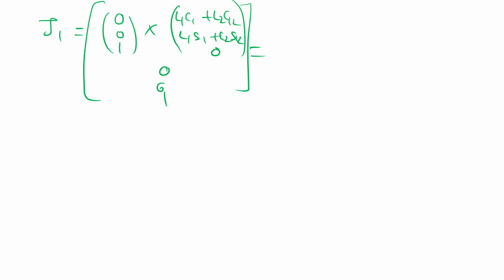Let's simplify. So for the cross product, first you have to hide this, you have to multiply, that will be 0. Then hide this, okay, for cross multiplication. Then this 0 into 0 minus this, so I will get minus L1 S1 minus L2 S12.